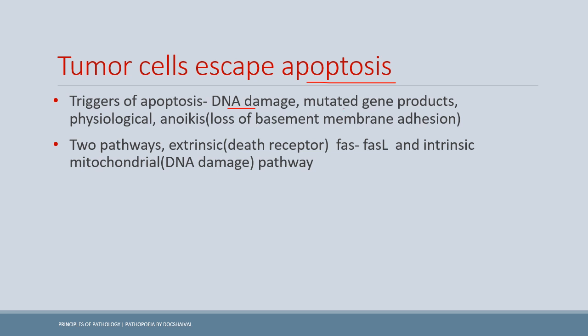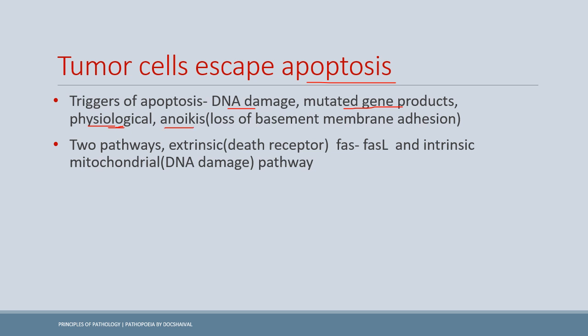Now we have mutated gene products that would again induce apoptosis. Now we have some physiological reasons during embryogenesis when there is apoptosis, say for the clonal proliferation of the B cell, or during embryogenesis when we need to hollow out our GI tract.